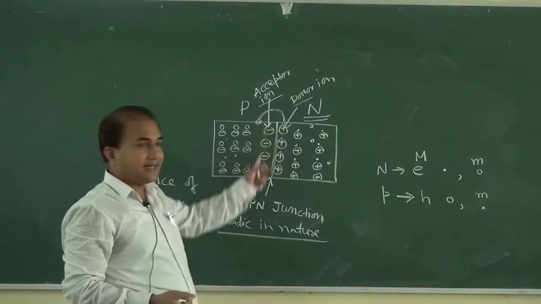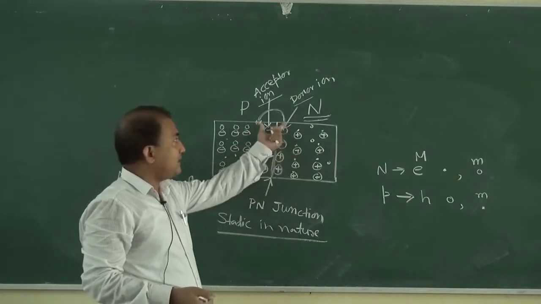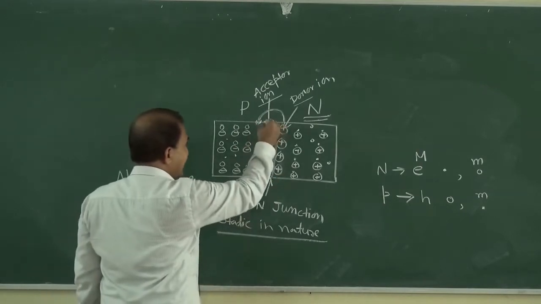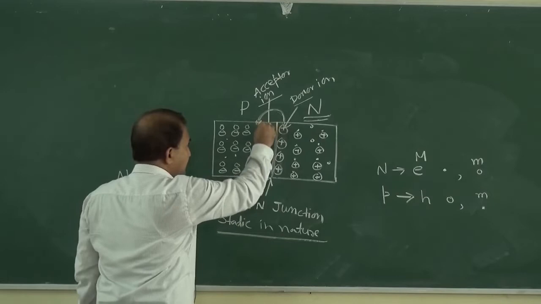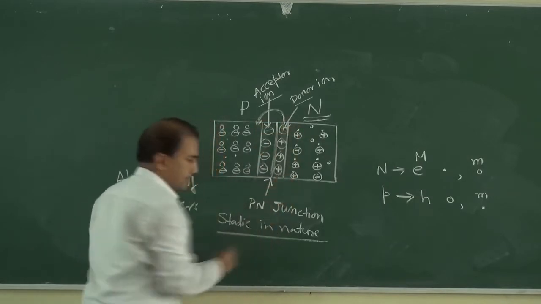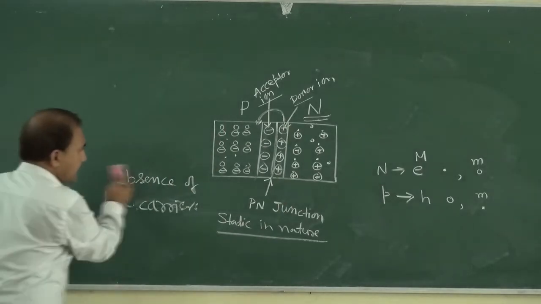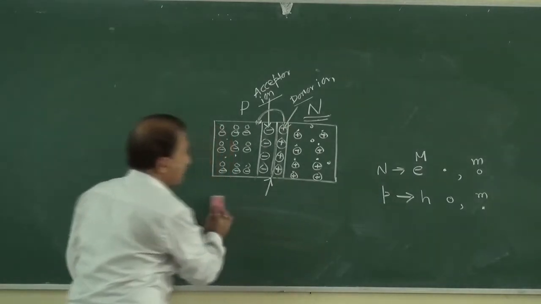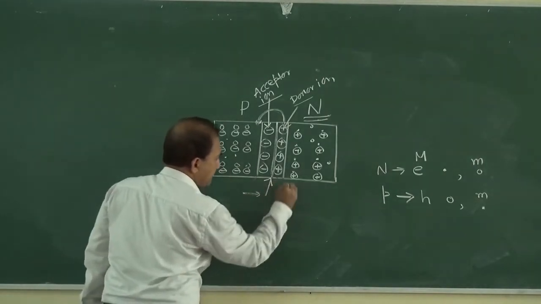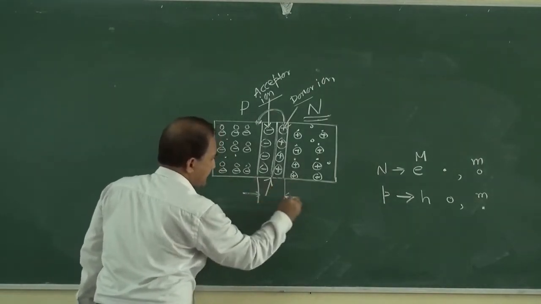Absence of free carriers is seen across this PN junction. So we can say that this region is the depletion region.